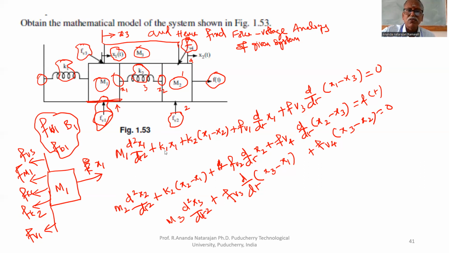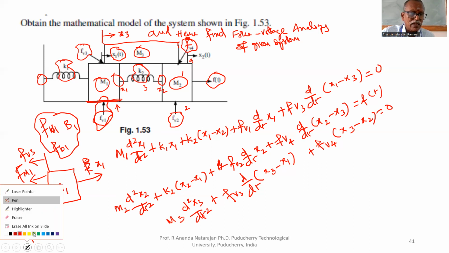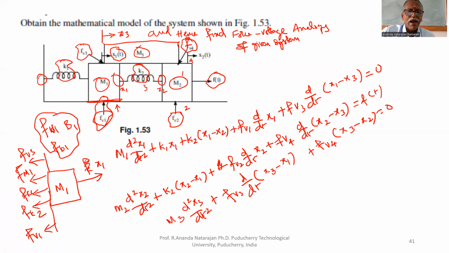How to convert this into the force-voltage analogy. For that, what we have to do is take the force-voltage analogy. L1 d square q1 upon dt square equals 1 by C1 q1 plus 1 upon C2 (q1 minus q2) plus Fv1.